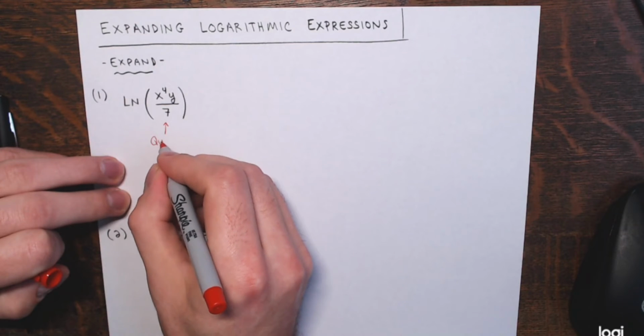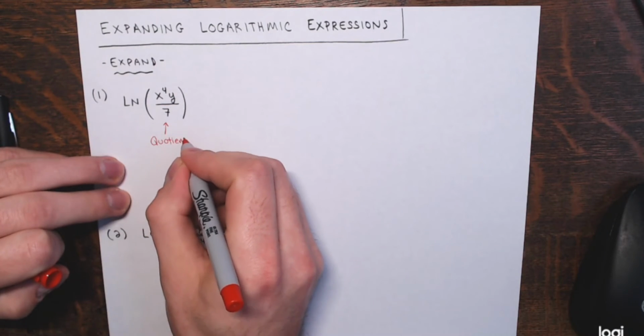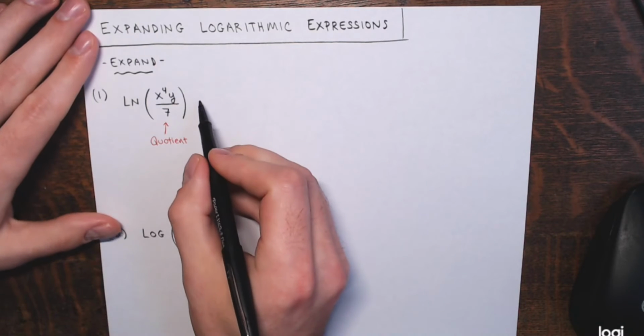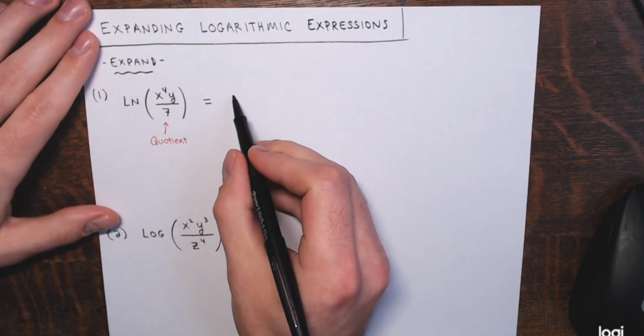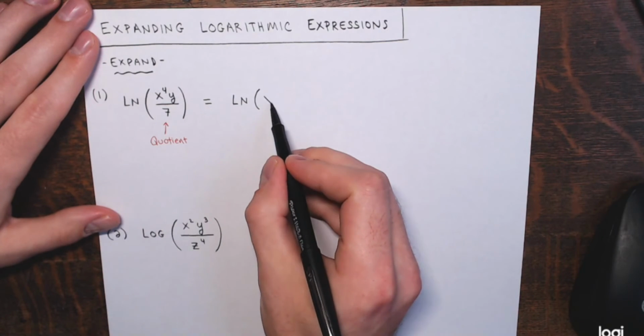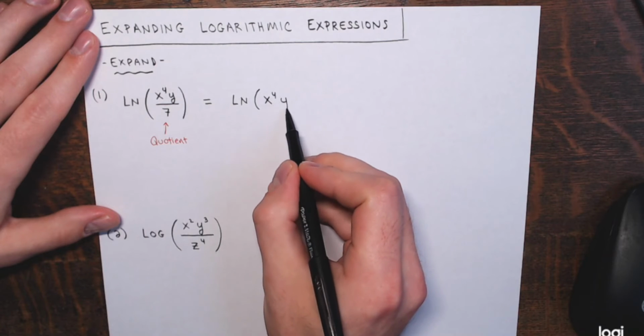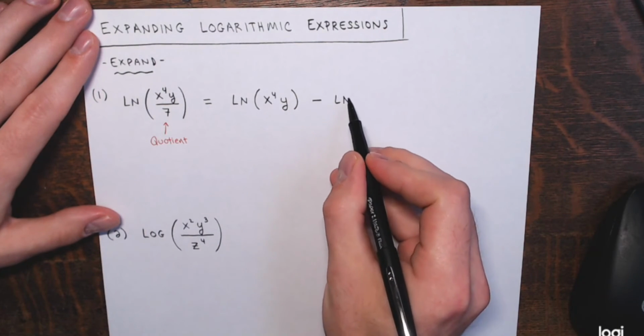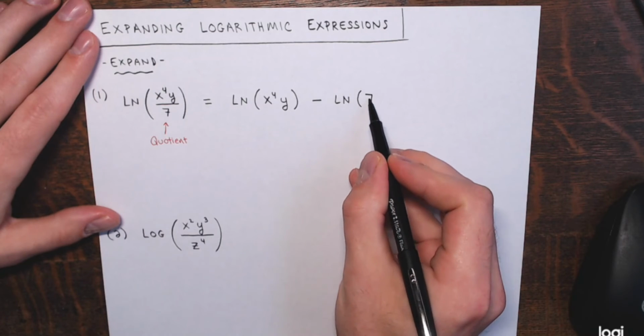So I see a fraction inside the log, and I'm going to apply the quotient rule first. So we have the natural log of the numerator, x to the fourth times y, minus the natural log of the denominator, which is just 7.